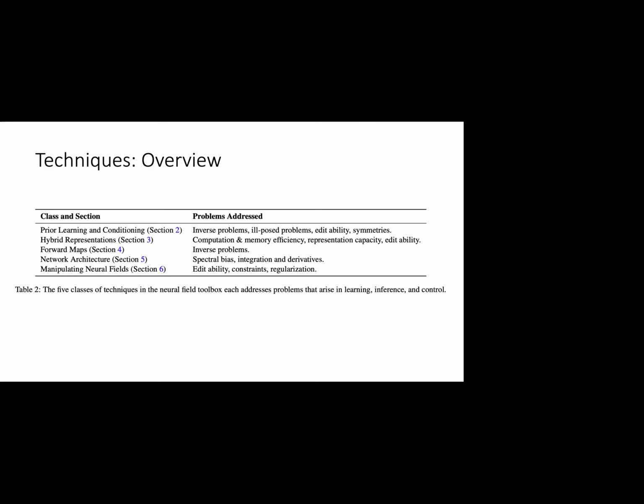And some of the more physics-based concerns about what you are actually training this MLP on, so sampling, for example. Very often you'll have two-stage networks. And then manipulating neural fields is like, what do you do with this? Constraints and regularization, which I probably won't touch on too much.